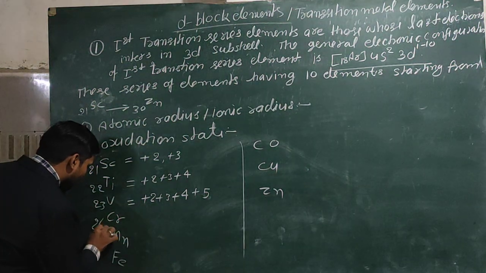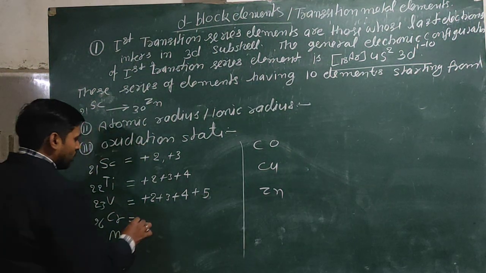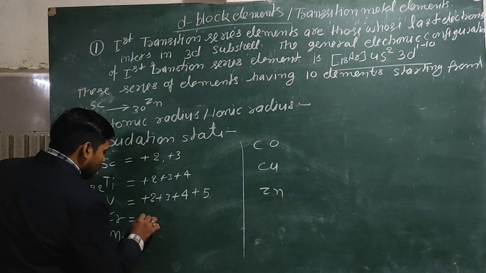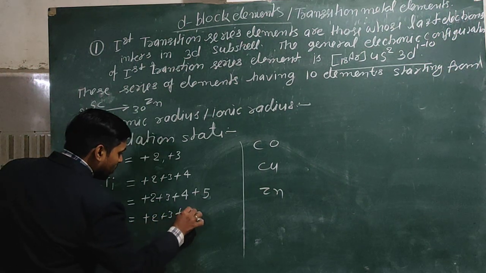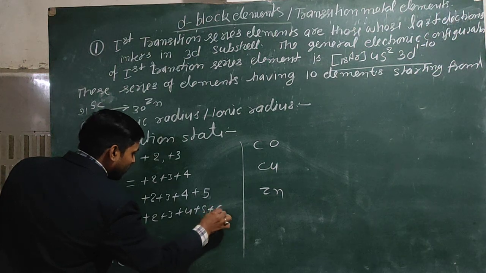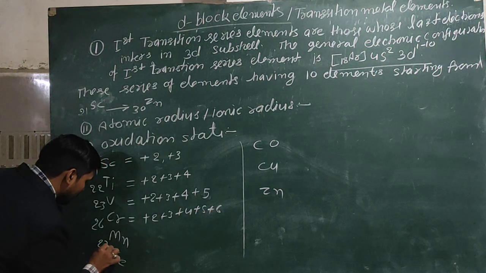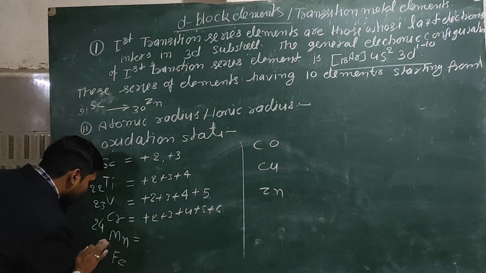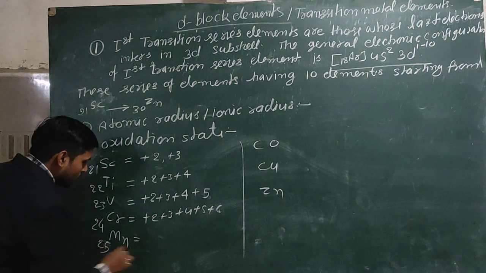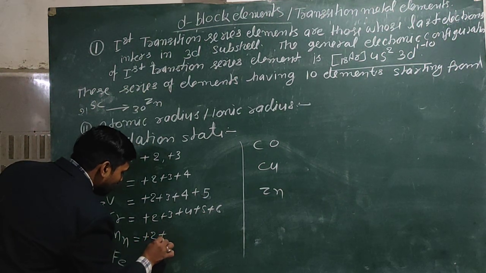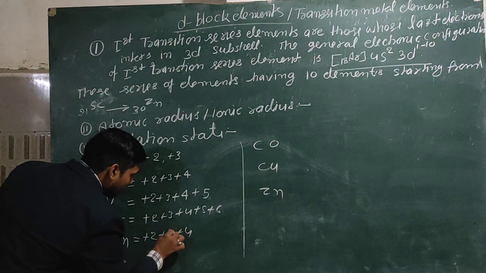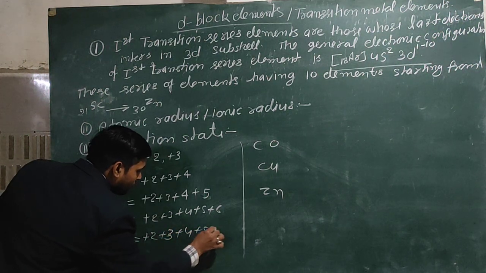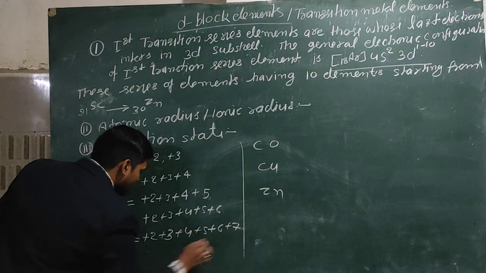But in case of chromium, starting from +2, +3, +4, +5, +6, and manganese, 25, starting from +2, +3, +4, +5, +6 and +7.